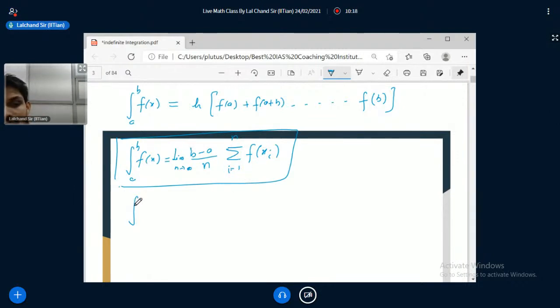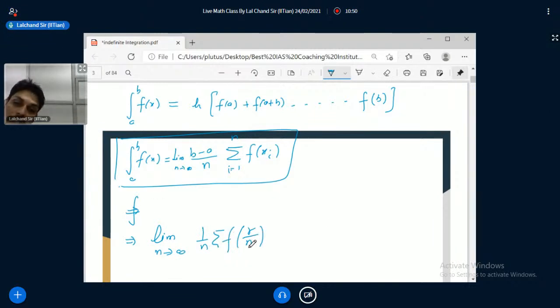Okay, so based on this formula, there are lots of questions asked in JEE, the examination. So how do we reverse it if this equation is given? How do we convert a limit into an integral? Several times we are given an equation like limit n tends to infinity of 1 by n, f of r by n, here the sigma function.